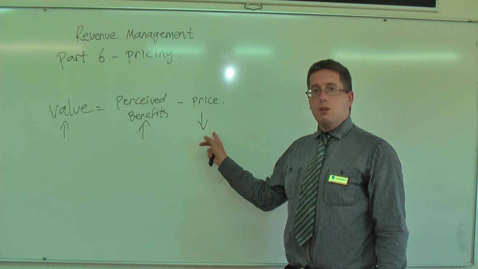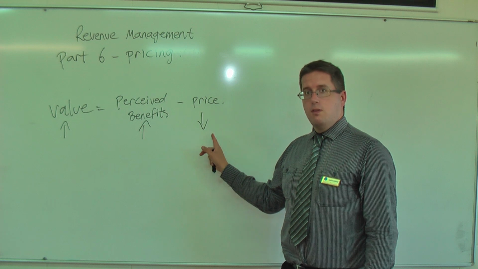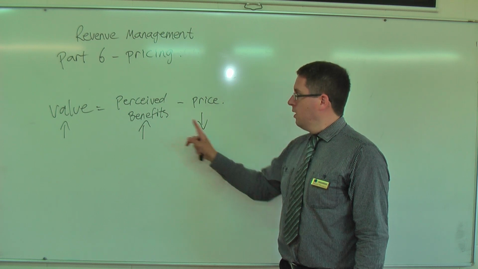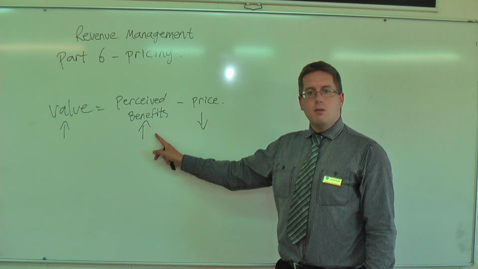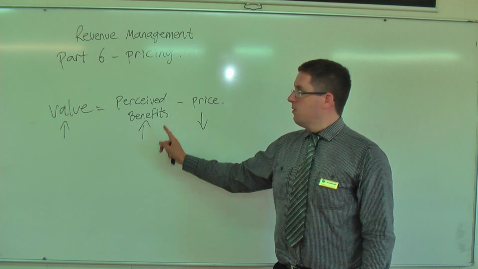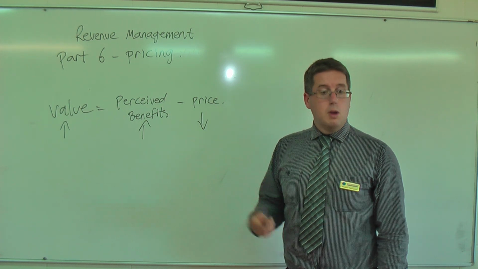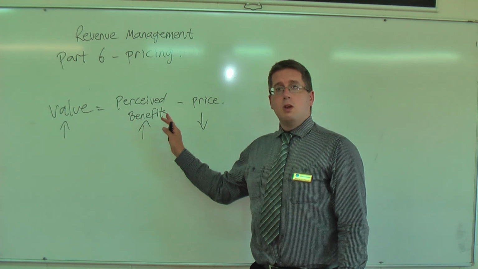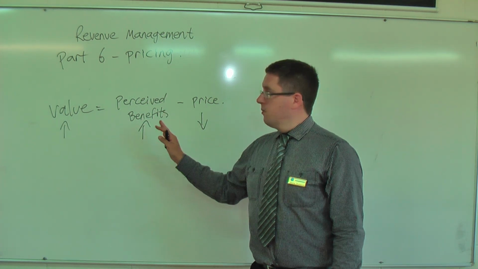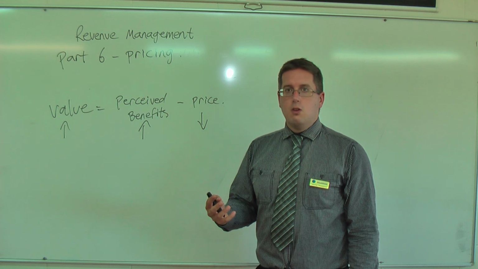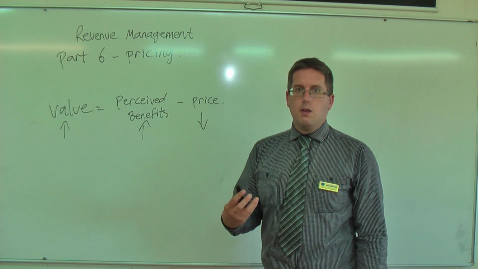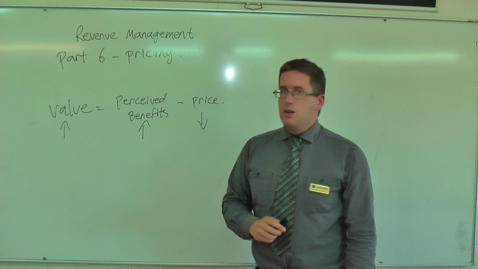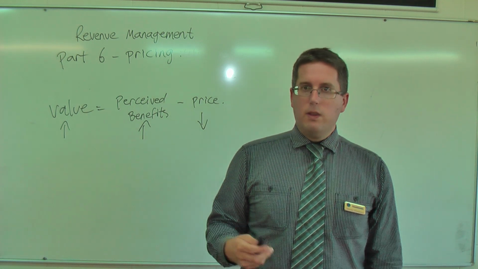The problem with decreasing the price is that our profit is affected. Sometimes increasing the benefits is more cost effective. It could be real benefits or just perceived benefits. Maybe it's the type of marketing that you're doing, putting out there that it's actually a good deal that they're getting.